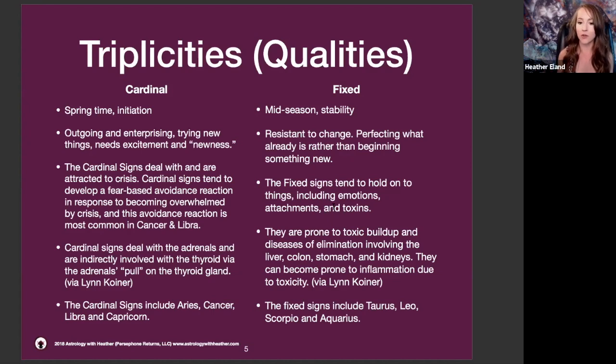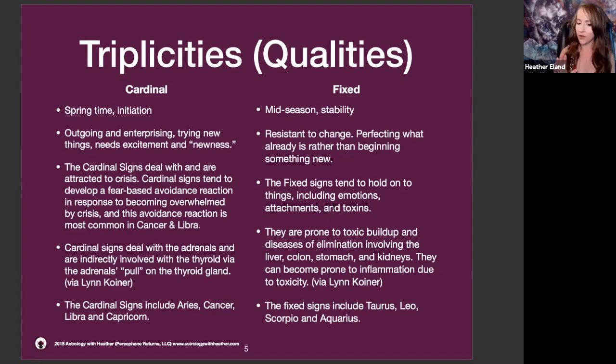So, if you think about the different organs that have to do with detoxification and elimination, like the liver, the colon, sometimes the stomach, the kidneys, the skin even sometimes, right? And the lymphatic system, which has more to do with the mutable signs, which we'll get into in just a second.